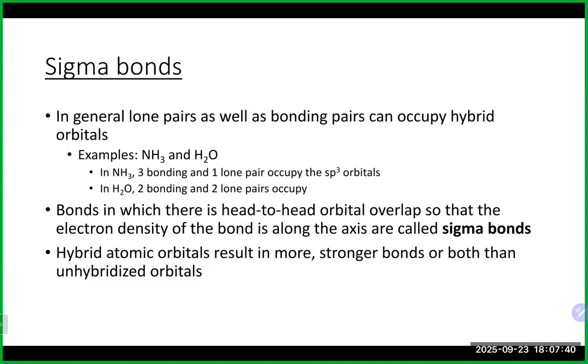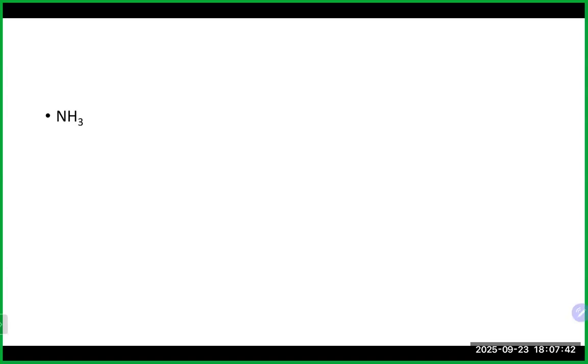Now, if we take a look at something like NH3 here, and really all the bonds that are happening with NH3, what we will see is if we take a look at the nitrogen, which is 7, 1s2, 2s2, 2p3, and that's going to be the 5 valence electrons that nitrogen has.